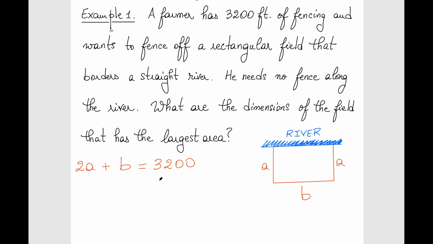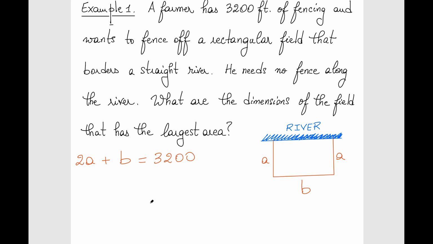Make sense? All right, and what is he trying to do? The question is, what are the dimensions of the largest area that he can fence off? Correct? So we want to maximize the area function of this geometrical form, right?